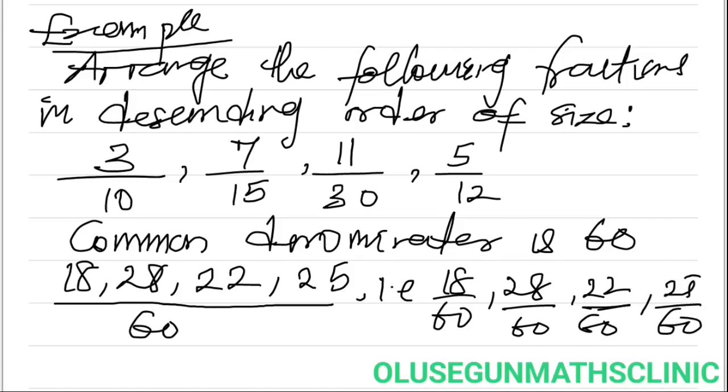Now, we want to rearrange it in descending order. So, you know that in descending order, the highest is 28. From 28, we have 25. From 25, 22. So, I firstly arrange it in equivalent form before we bring it out, to make it easy.